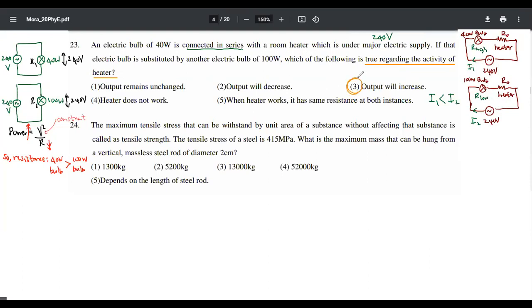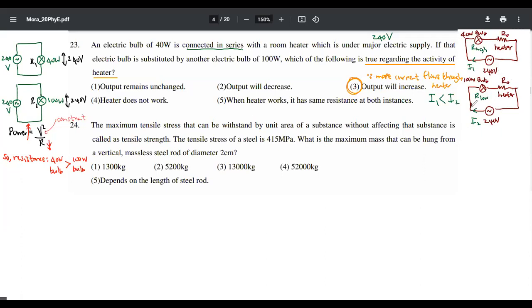Output will increase because more current flows through the heater. There can be a good side and a bad side to it. If more current flows through the heater and it gets overheated, it might burn. But if the current increases within the optimum level, then it's going to function better. But anyway, the output of the heater will definitely increase.